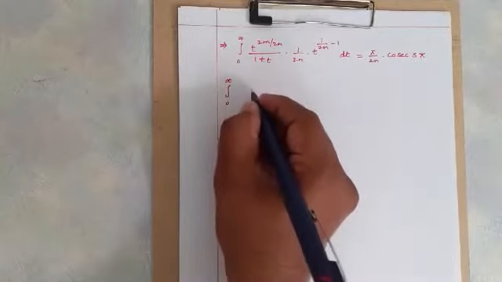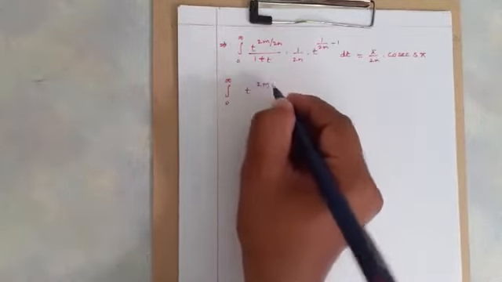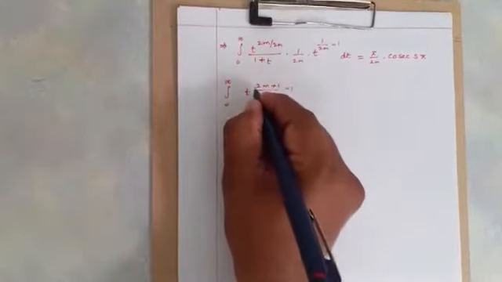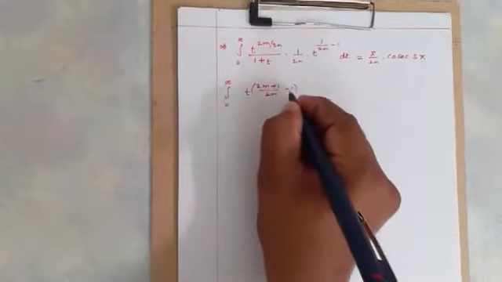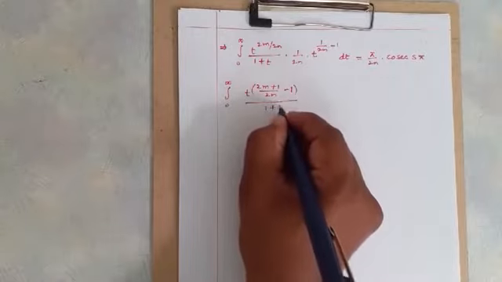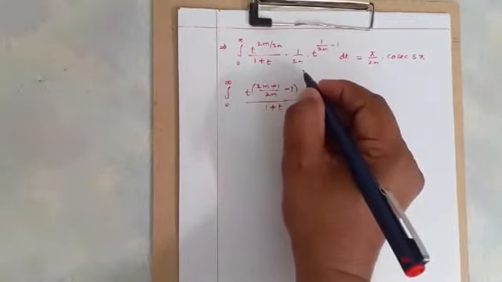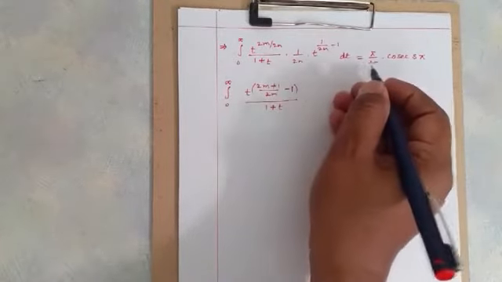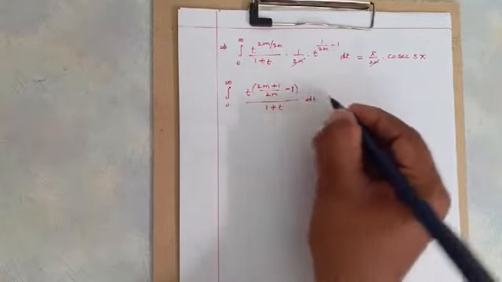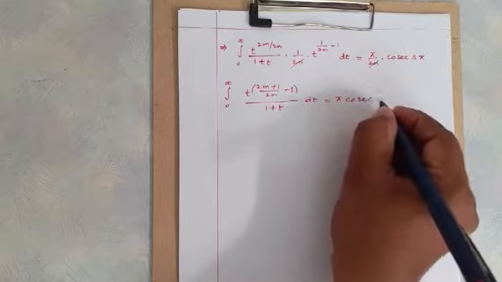So I write that as t power, here the LCM is the same, so I write 2m plus 1 upon 2n minus 1, upon 1 plus t, into, now here you can see this 2n and this 2n get cancelled, and the only remaining term is dt, is equal to pi into cosec s pi.